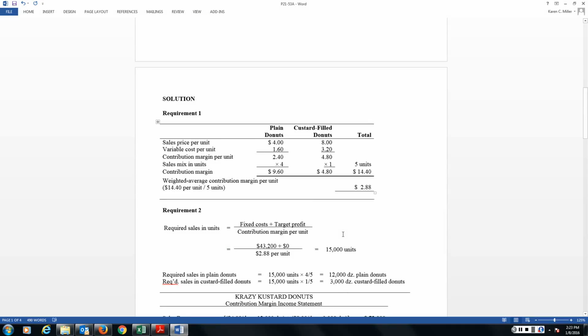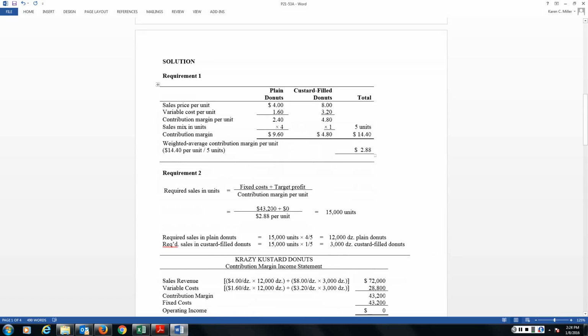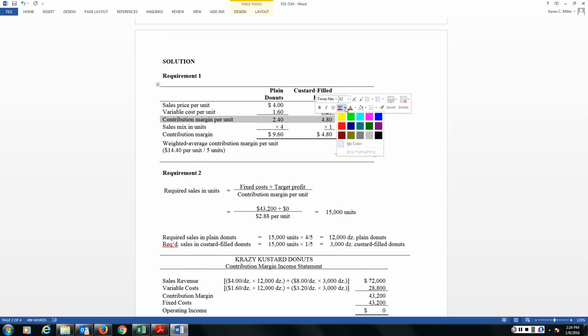Okay, contribution margin, simply sales less variable cost. So when we calculate sales less variable cost, we can generate contribution margin per unit for each of those dozens of donuts. However, they're different. So how do I know which contribution margin that I need to divide into fixed cost to come up with my break-even in units?